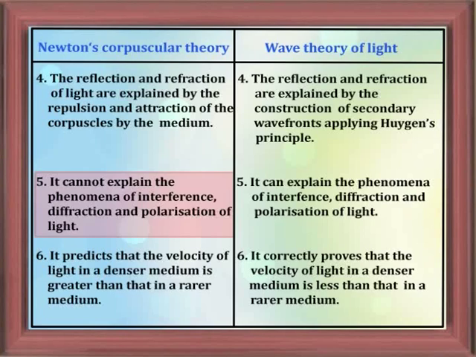Newton's corpuscular theory cannot explain the phenomena of interference, diffraction and polarization of light, whereas wave theory of light can explain them. Newton's corpuscular theory predicts that the velocity of light in a denser medium is greater than in a rarer medium. However, wave theory of light correctly proves that the velocity of light in a denser medium is less than that in a rarer medium.